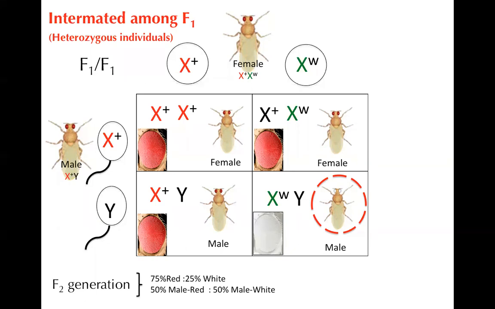That means all the females will be red. Whereas if you take the male sex, 25% of the males are red, and another 25% white. So if you take the entire thing, 50% female red, 25% male red, and 25% male white.